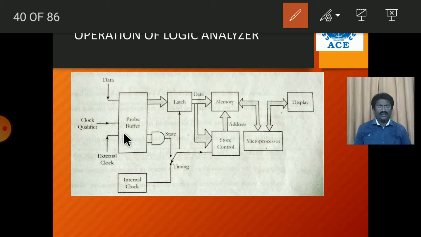So here the output of the probe buffer is applied to a latch at regular intervals. The memory block is used to store latch data, which is finally displayed by the microprocessor.